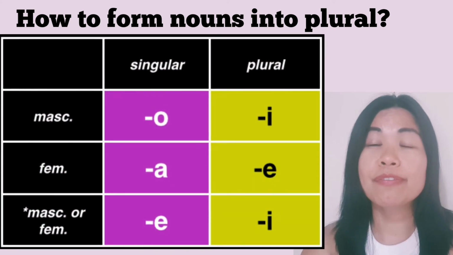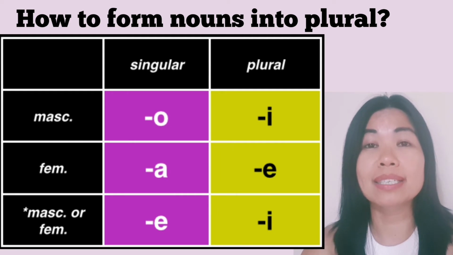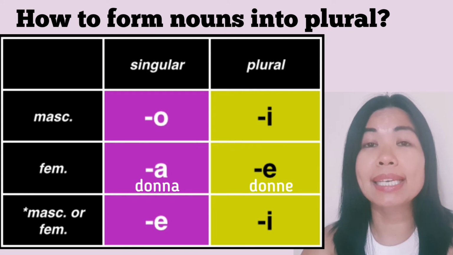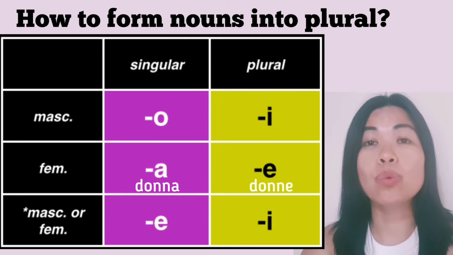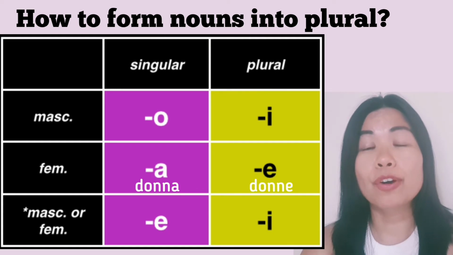So, for the feminine words that end with the letter A, so they are singular, like donna, to form their plural, we have to change the letter A into E. Donna will become donne.